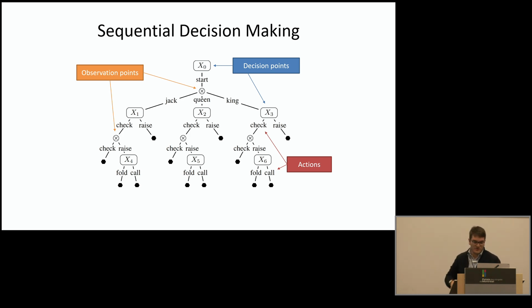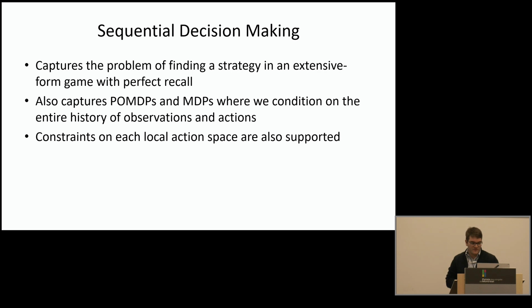So this, for example, is the decision-making problem that a player faces in Kuhn poker, which is a simplified version of poker. And why sequential decision-making is interesting is that it strictly generalizes extensive form games, right? So it's a more general setting.